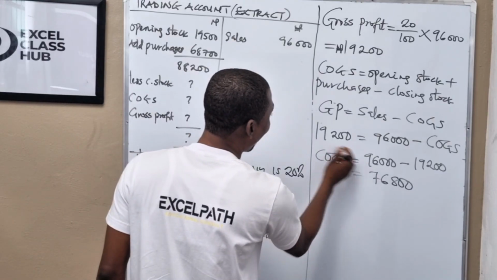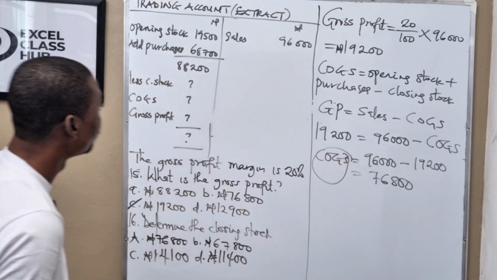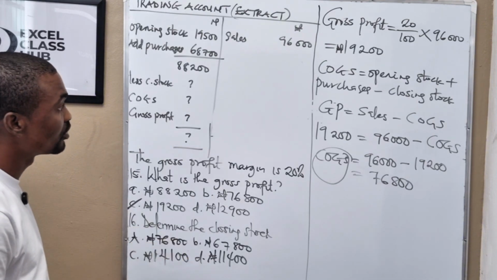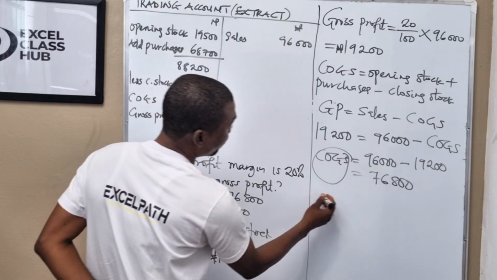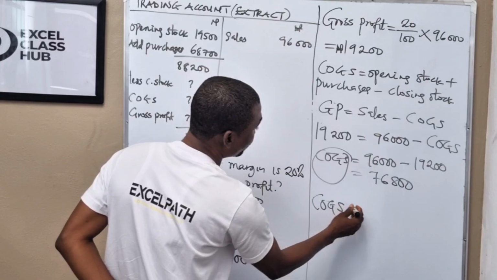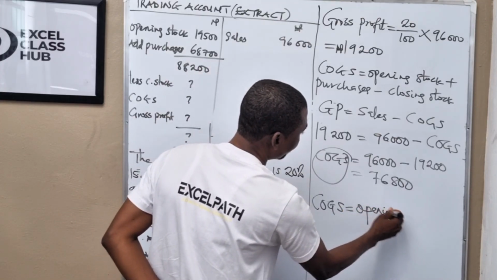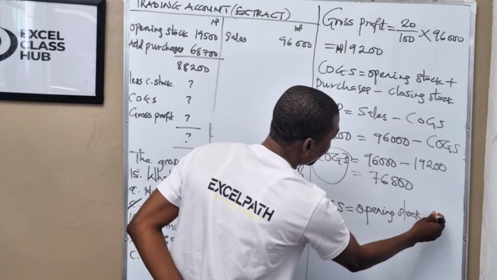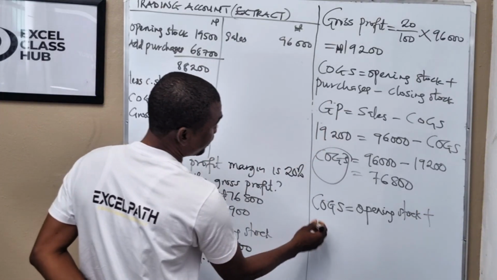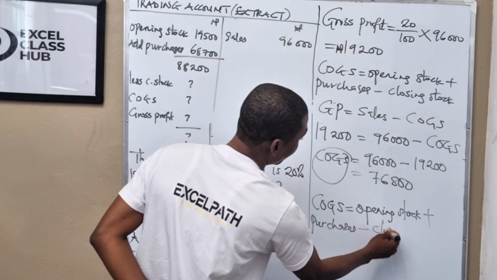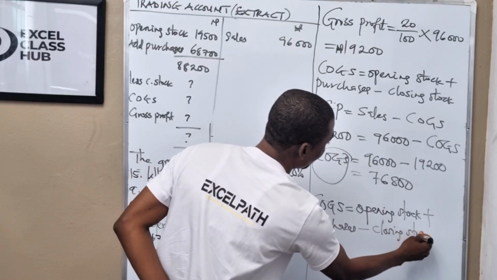Now, since we have gotten the value for our cost of goods sold, we can now get the value for the closing stock. Don't forget, cost of goods sold is equal to opening stock plus purchases minus closing stock.